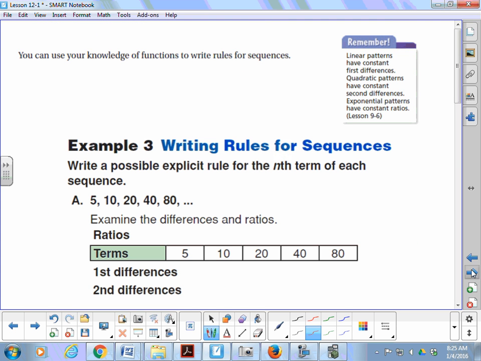All right, so now we can use our knowledge of functions to write rules for sequences. Reminder that linear patterns have constant first differences, quadratics have constant second differences, and exponential patterns have constant ratios.